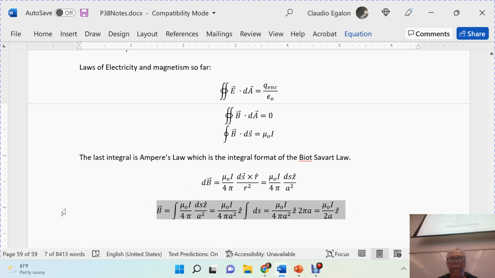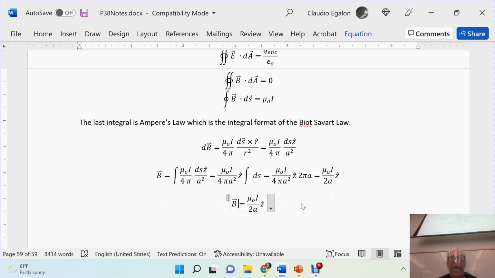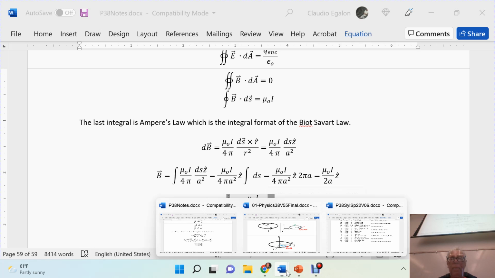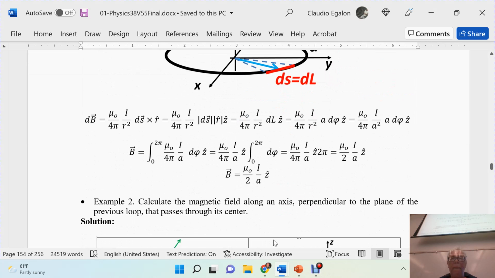That's the magnetic field there at the center of the loop: mu naught I over 2a. Which is the same. Here you go.